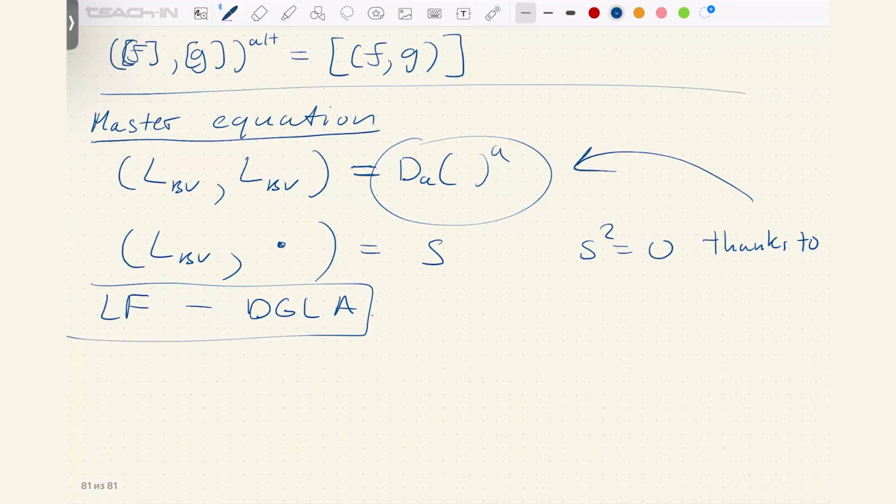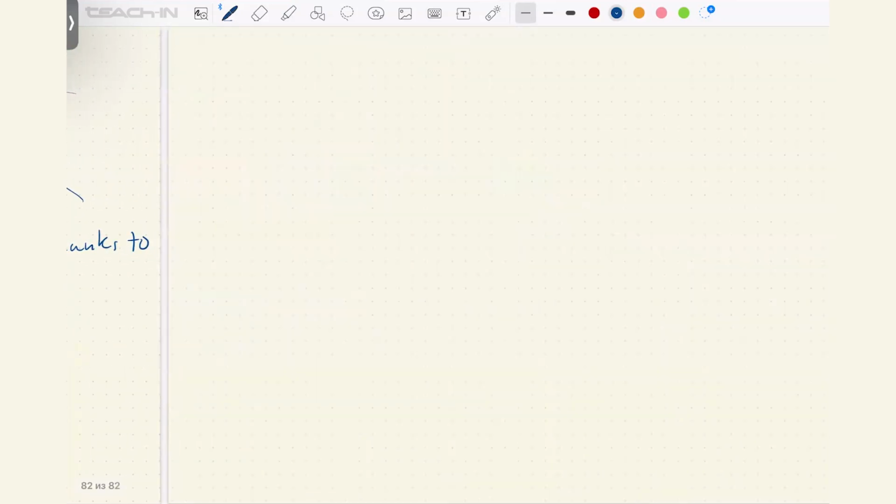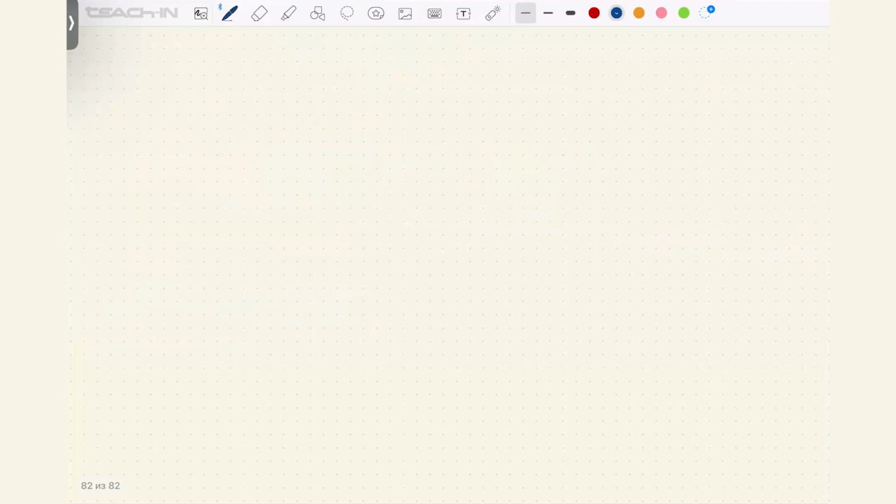Okay, so what I wanted to show is the general pattern of deformation theory in application to BV.